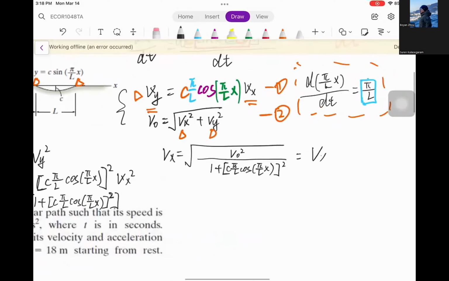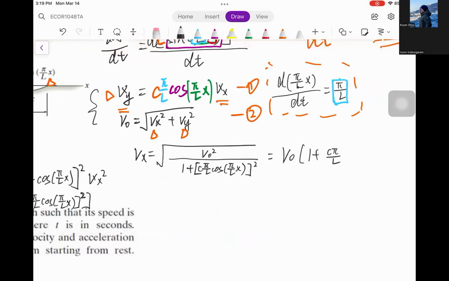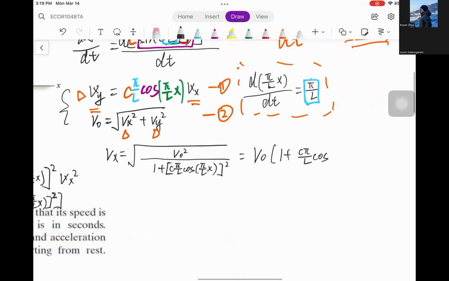And this one we can just write as v naught times 1 plus c pi over L cosine pi over L x, to the power of negative 1 over 2.